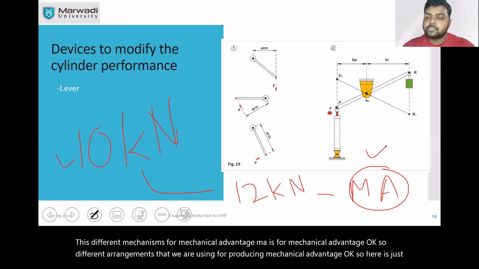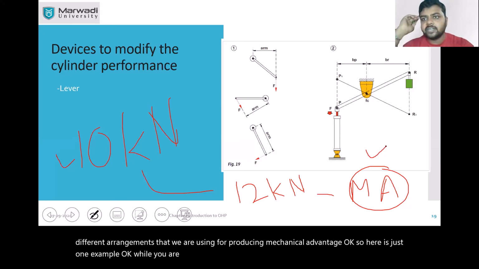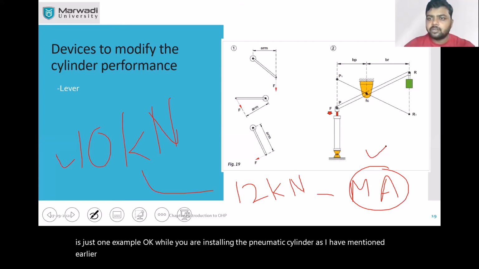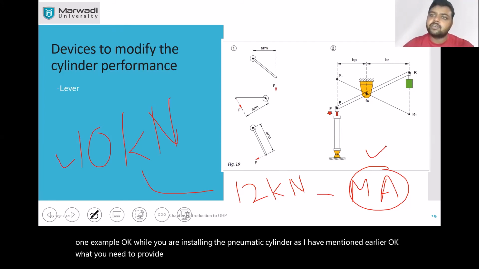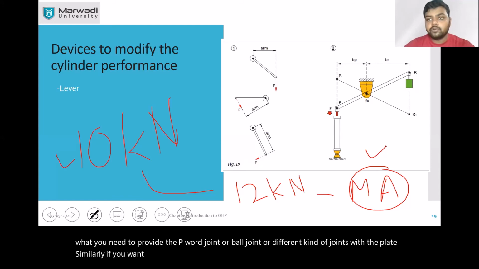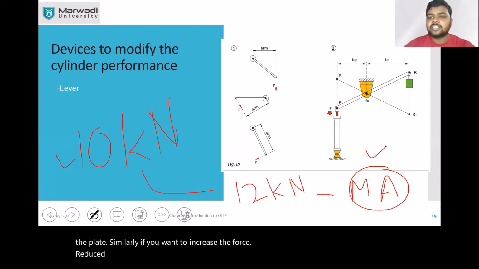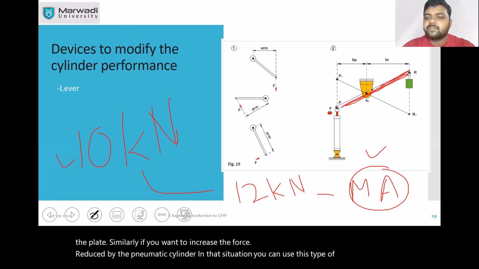While installing the pneumatic cylinder, as I have mentioned earlier, you need to provide the pivot joint or ball joint or different kinds of joints with the plate. Similarly, if you want to increase the force produced by the pneumatic cylinder, you can use this type of lever. See here, there is a lever.